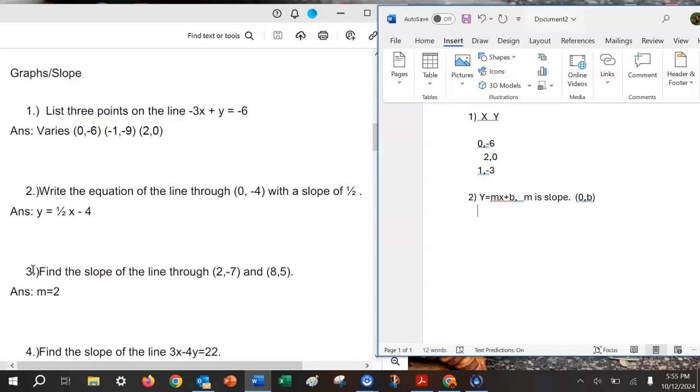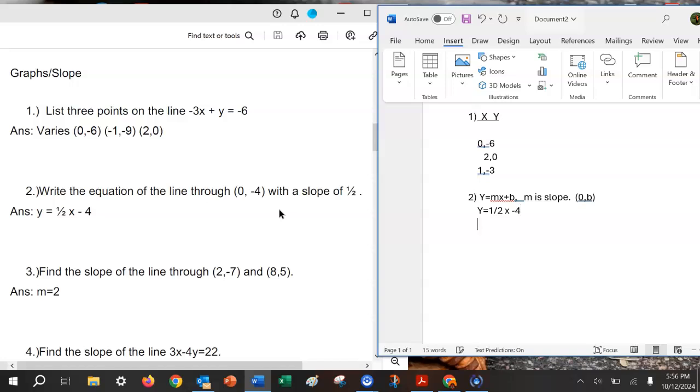So you would say y equals, of course, the slope is 1/2, so you would just do 1/2 x, and then all you have to do is look at what number comes after the 0 in the y-intercept. In this case, it's -2, and you put -2. Voila, that's it.